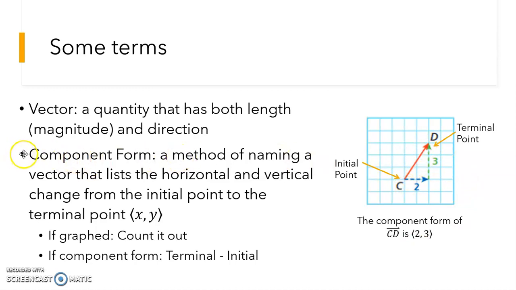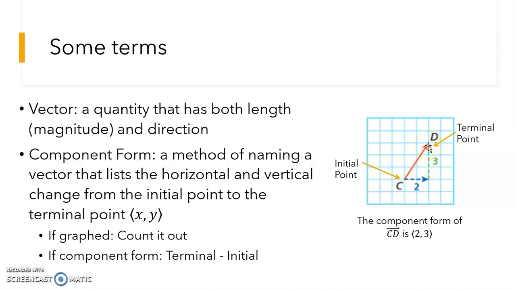And we can write the vector in what we call component form. It's basically a method of naming the vector that lists the horizontal and vertical change from the initial point to the terminal point. So basically, the component form for this vector, the horizontal change is 2 units over, and then the vertical change is 3 units up.